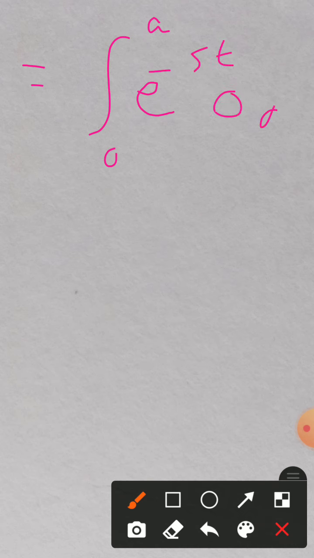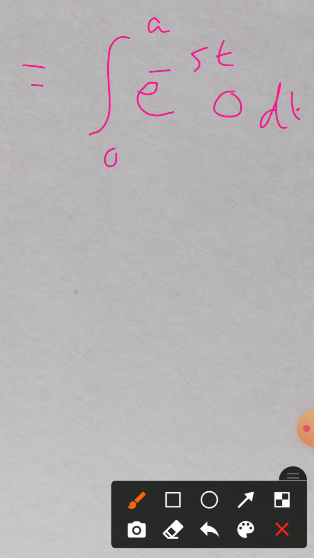Now, this will be the integral from 0 to a of e raised to power minus st times 0 dt, because the value of g(t) is 0 when t lies between 0 to a.